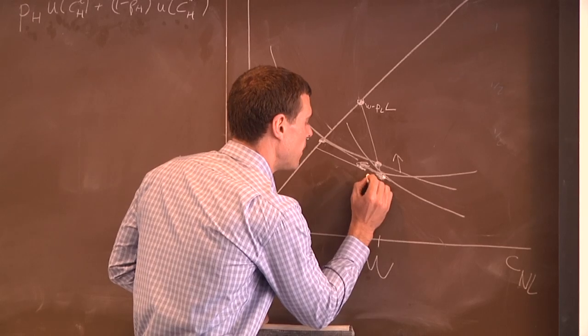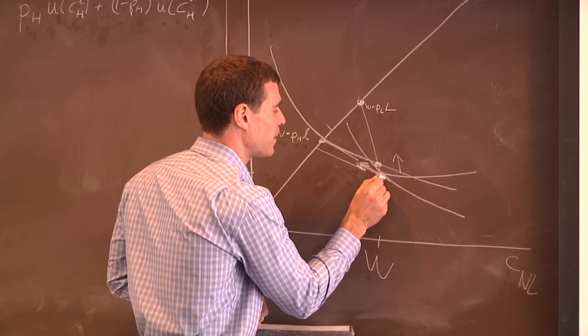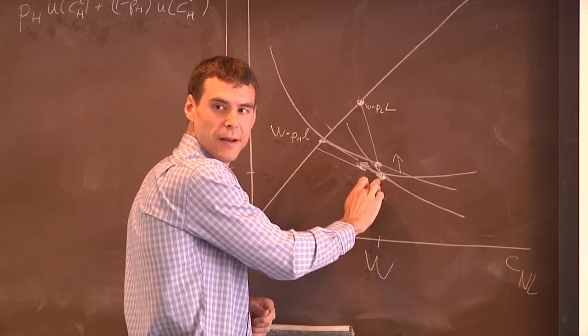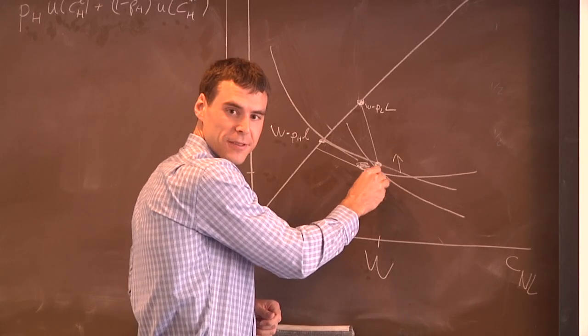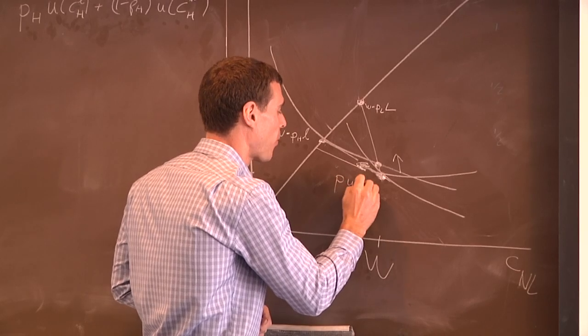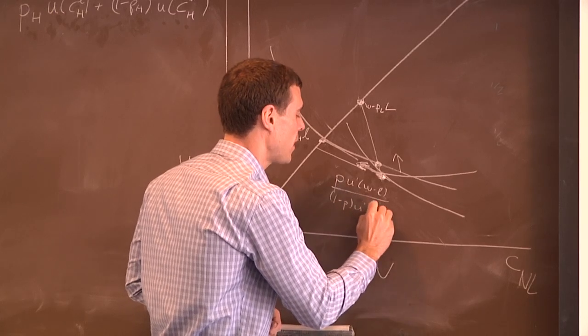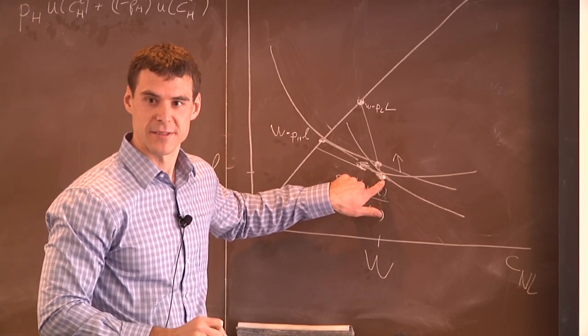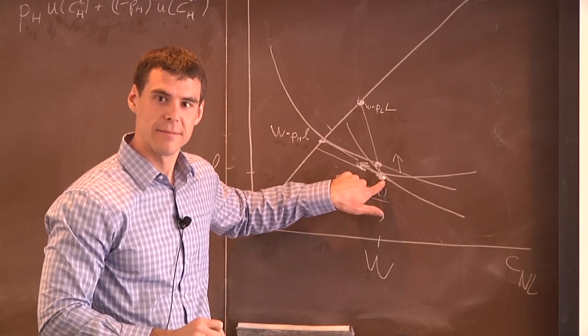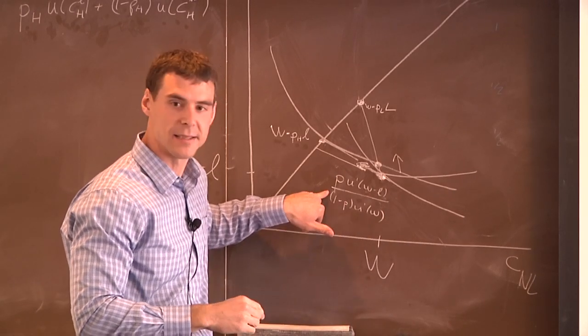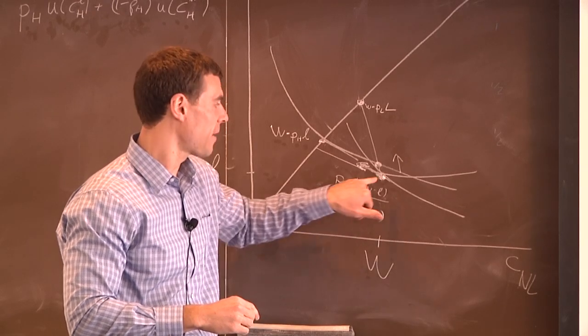So if we move in a direction that makes one guy marginally indifferent, what is the slope of the indifference curves here? It's going to be P u prime of W minus L over 1 minus P u prime of W. This is just the marginal rate of substitution at the endowment. This is type P's slope of his indifference curve at the endowment.